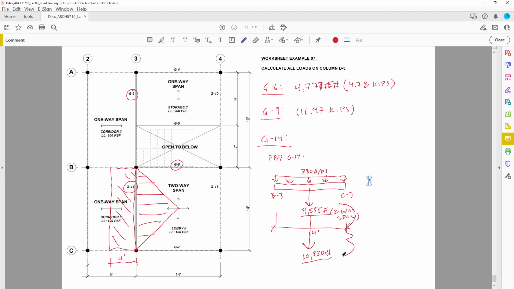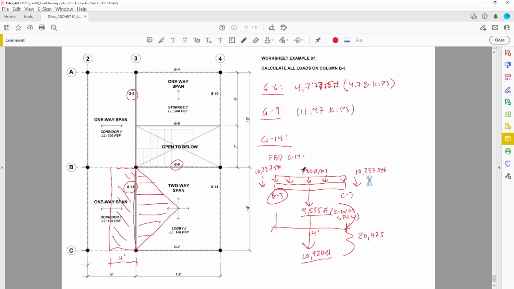So these two things, the total load is 20,475. And then if we divide that by 2 so that we know what's happening at either end of the beam, that gives us 10,237.5 pounds on either side of the beam.